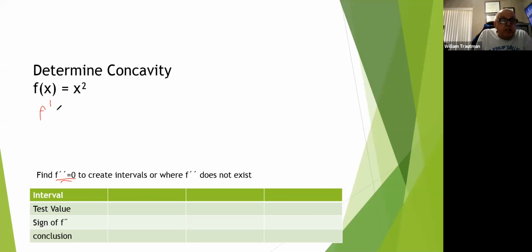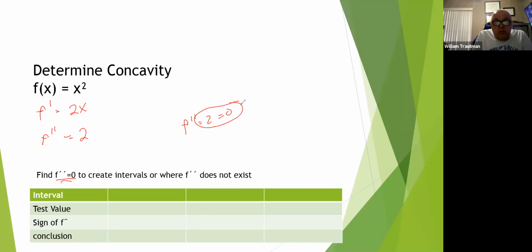So the first derivative equals 2x, and the second derivative equals 2. The derivative of x squared is 2x. The derivative of 2x is just 2. So can I make the second derivative equal to 0? No, because there's no x's.